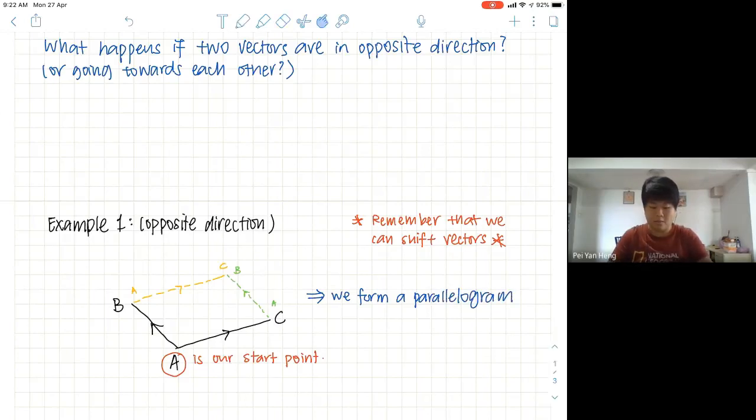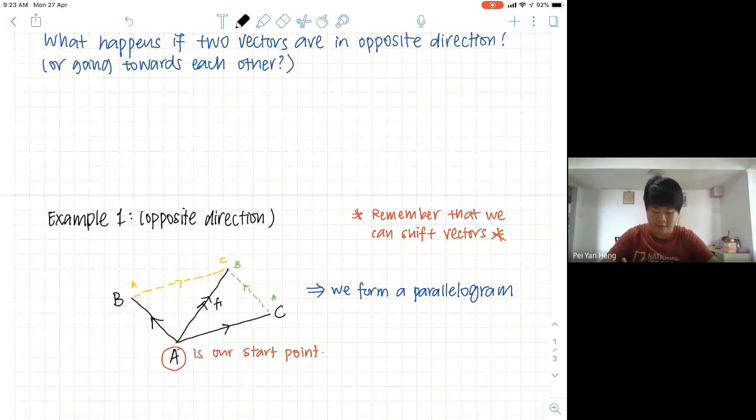Whether you walk this way or this way, you end up at a common point here. This is your ending. So our final vector would be this way. This is our final vector.